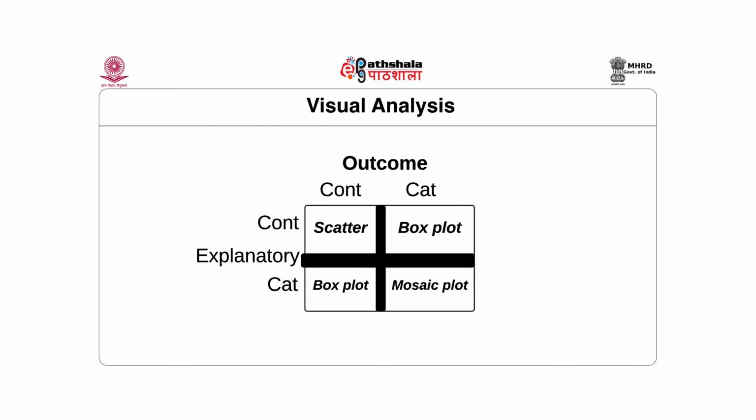On the other hand, if your outcome variable is a categorical variable and your explanatory variable is a continuous variable, then it is pragmatic that you construct what is known as a box plot. In a box plot, you get to see the median values, the interquartile range, the extent to which there are outliers, the maximum and the minimum, the range of the values, and you can see them visually side by side.